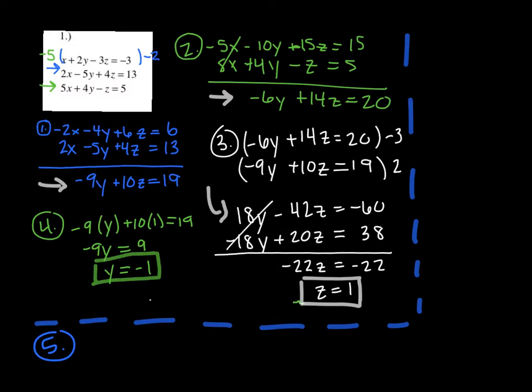So we'll just plug it into the very first one. So x plus 2y minus 3z. So x is what we're trying to find, plus 2 times y, which is negative 1, minus 3 times z, which is 1, equals negative 3.